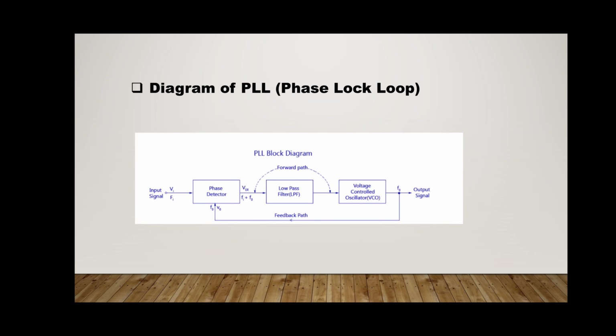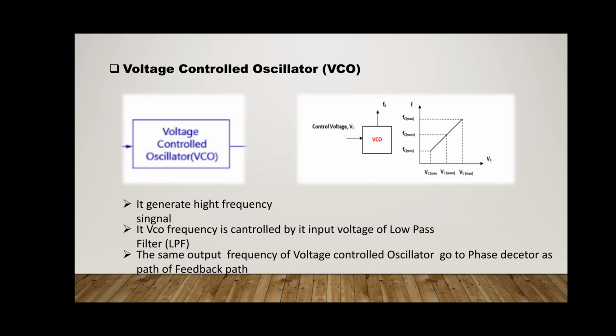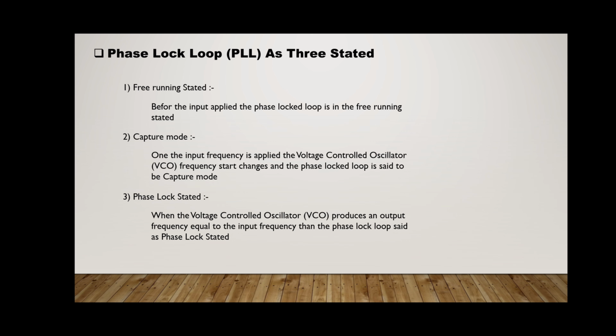In a phase lock loop there are three stages. Let's discuss what the three stages in a phase lock loop are. First is the free running stage, second is the capture mode, and third is the phase lock stage.